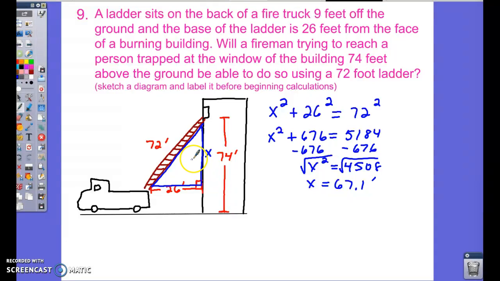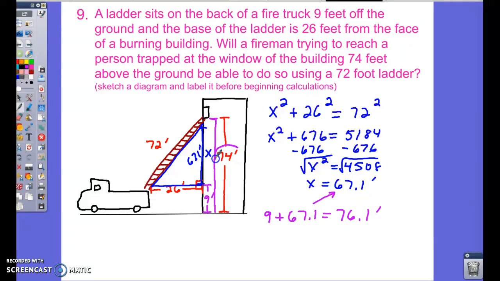That's the distance from here to here. But the other thing I didn't label earlier was the fact that the ladder was 9 feet off the ground. So the distance from the ground all the way up to the top of the ladder is that 9 feet plus the 67.1 feet that we calculated, for a total height of 76.1 feet.